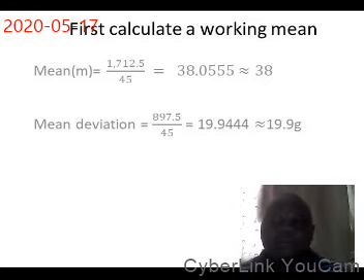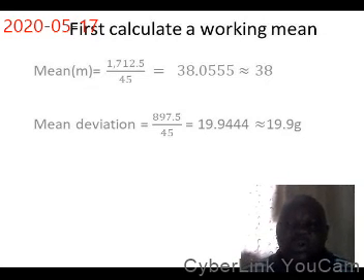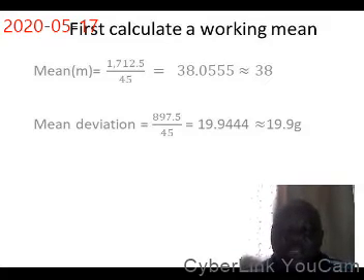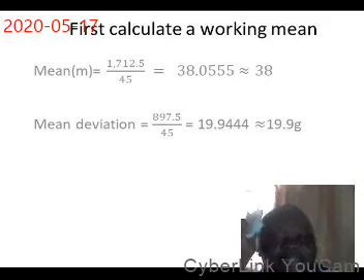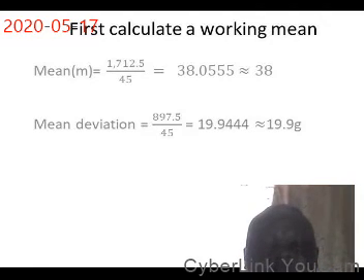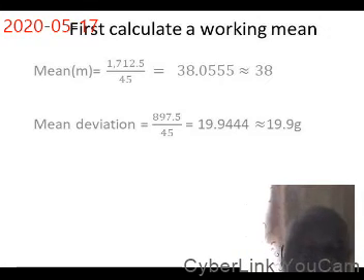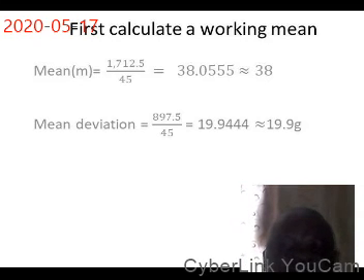Summation f times the absolute deviation, which will give you 897.5 divided by 45. Then that will give you 19.9444, approximately 19.9 grams. That is your mean deviation.